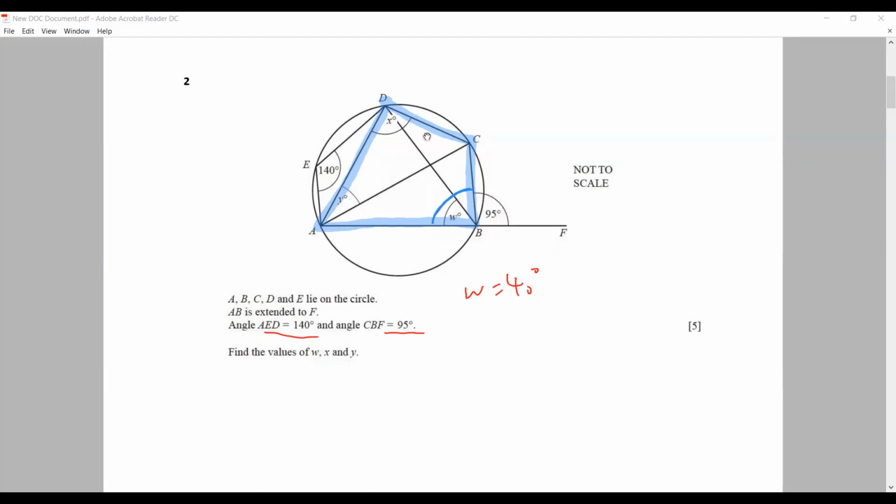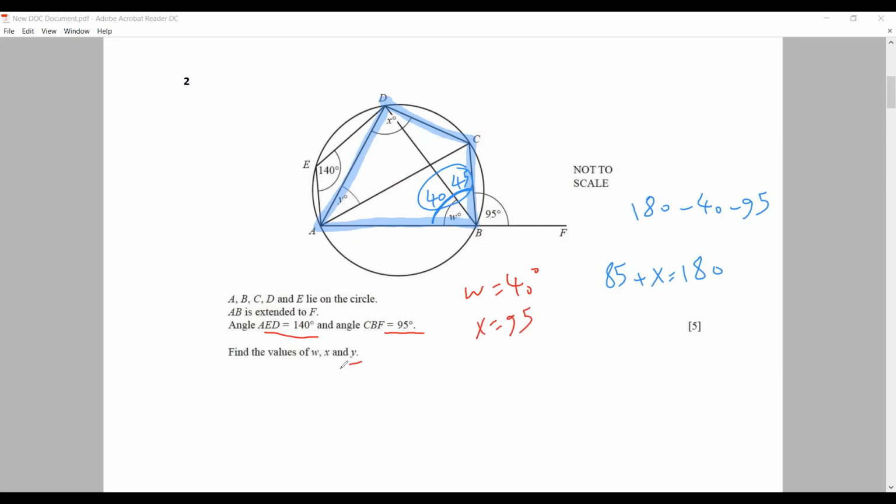The angle should be 180. 180 minus 40 minus 95. And that would give me 45, right? This is 45, and this is 40. So that adds up to 85, right? So 85 plus X must be 180. Therefore, X is 95. So X is found to be 95.